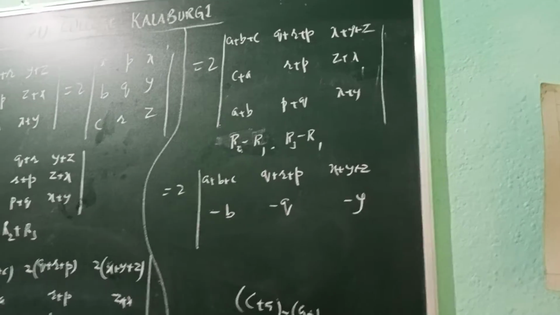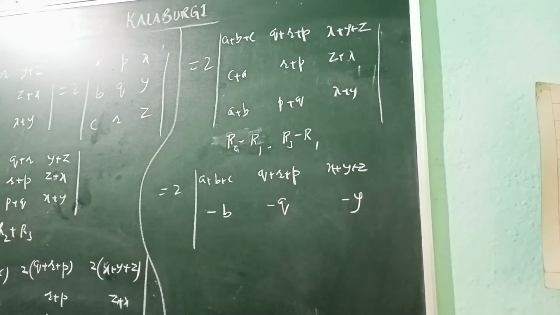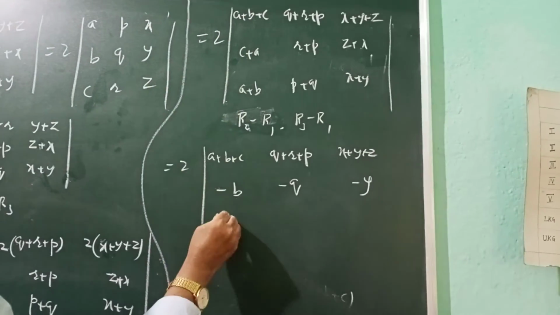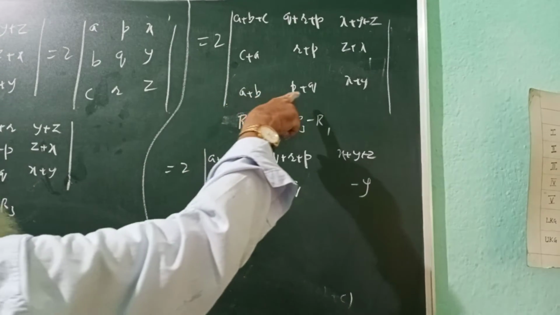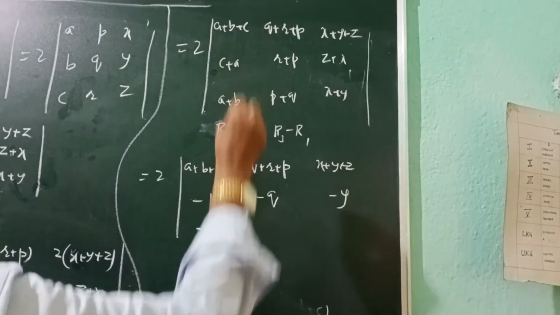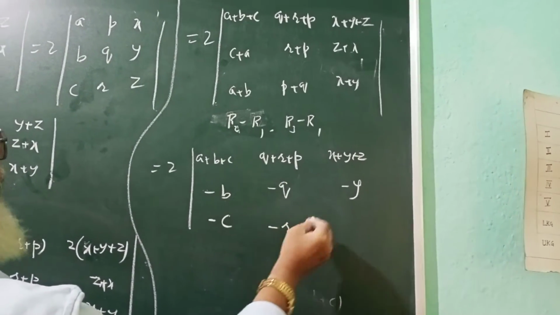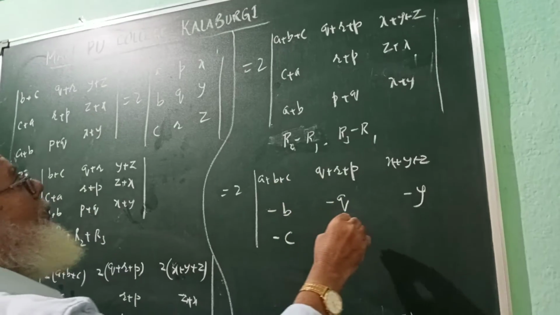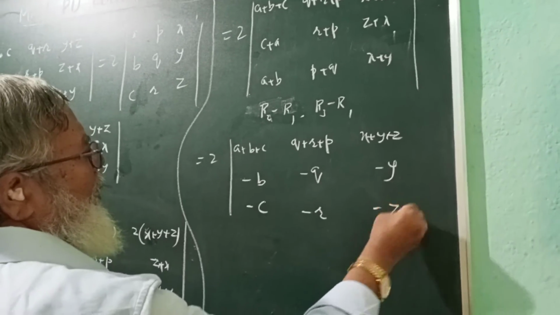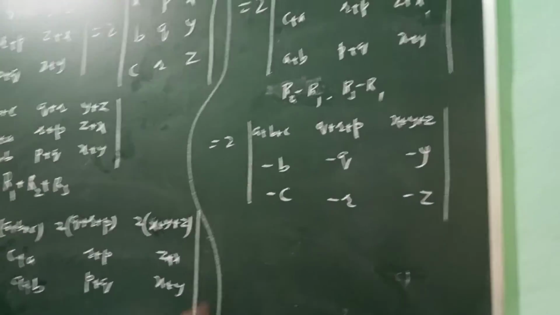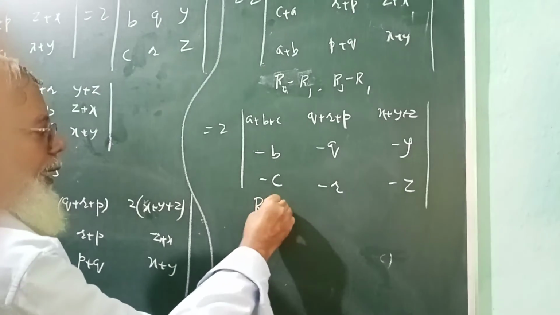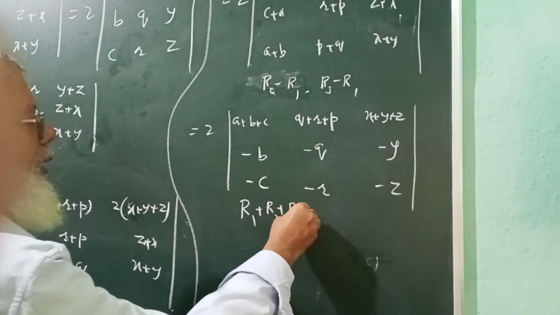Now R3 minus R1 we have to take. Here A plus B minus this one, what remains is minus C. And here P plus Q minus this one is equal to minus R. And this will be minus Z. Now, again, to get this, in the first row, let us add second and third.